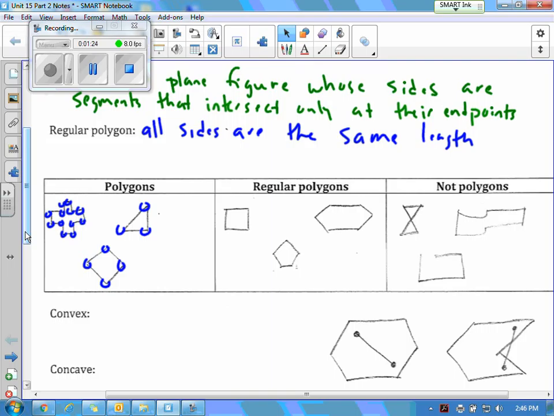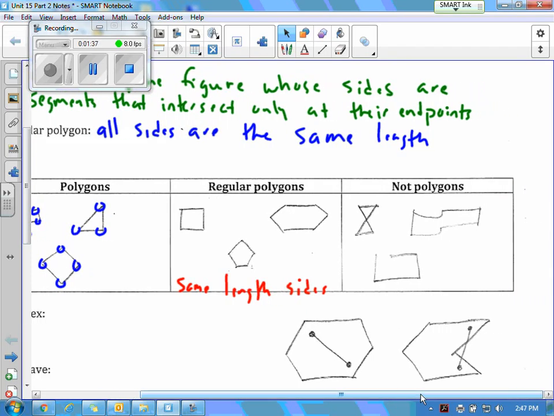The middle section are supposed to be regular polygons, so just imagine these are all the same length sides. That would make them regular polygons. And the far right side has the ones that are not polygons. This first example is not a polygon because the lines cross over here. That's where we said they only intersect at their endpoints. Those cross, so they intersect.